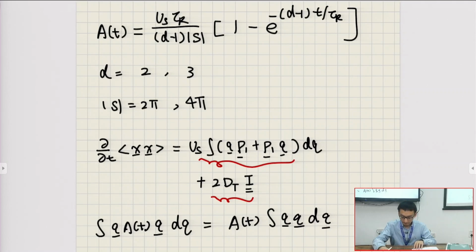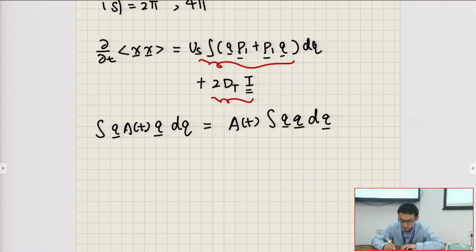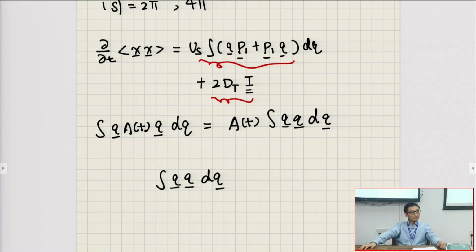Okay? So you can write out q explicitly in 2 dimensions, and then you can do the integration. But here's a quick trick that we can do. I want to calculate the integral of q q dq. Now, q is the orientation vector, right? Essentially, we're averaging over a probability distribution that's homogeneous, which means this integral is isotropic, has no directional preference to it.